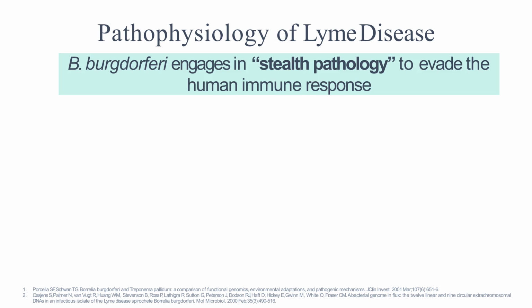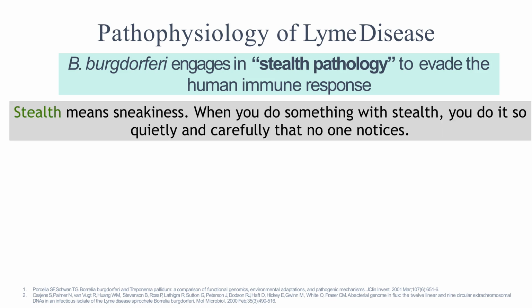So what they like to call it is stealth pathology. And this is what they believe Borrelia burgdorferi uses to evade the human immune response. So stealth means sneakiness, and this is a great way just to think about this spirochete. Is it sneaky?